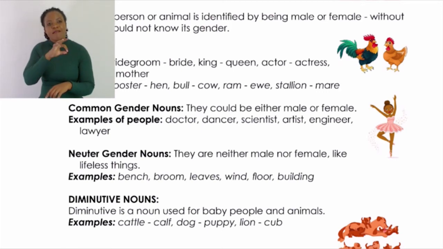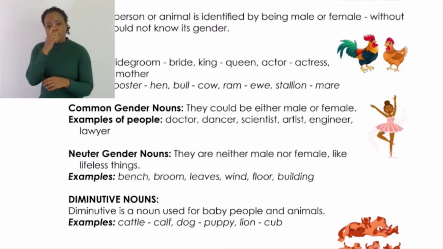Let's now go to common gender. There are other things that use the same gender noun, whether it's a male person or a female person. They use a common gender noun. They could be either male or female.